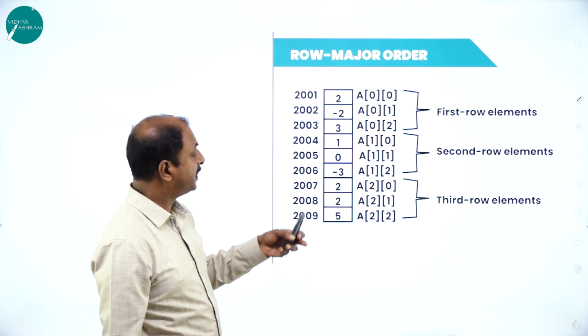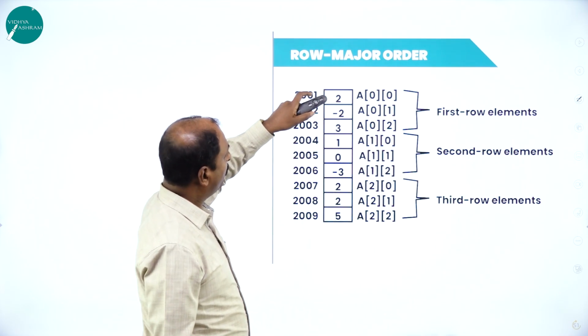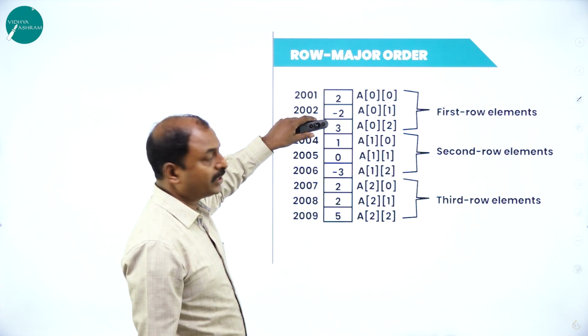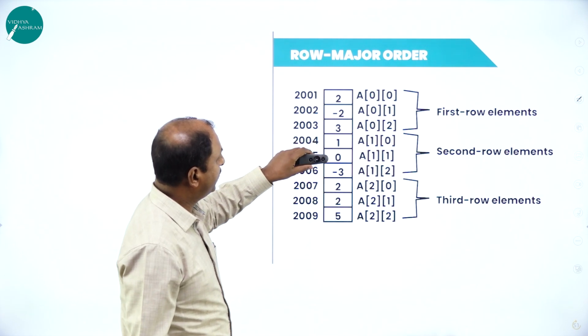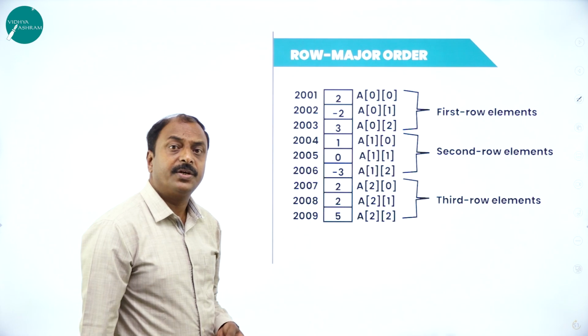So what is the data item stored in the address 2001? If you look at this example, 2, minus 2, 3 are the first row elements, 1, 0, minus 3 are the second row elements, and 2, 2, 5 are the third row elements.